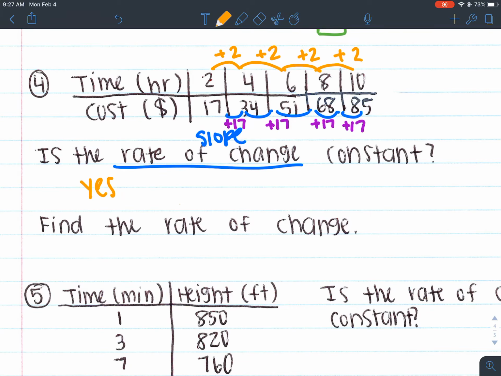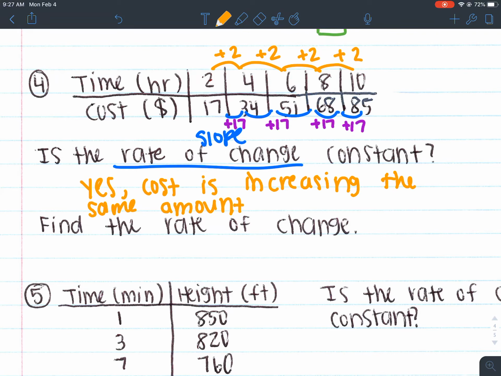So it is staying constant, and it's matching up. So we can say the cost is increasing the same amount every 2 hours, right? Because that's how many hours we're going by. So the cost started at $17 and we keep gaining $17 every 2 hours. So yes, it is constant.